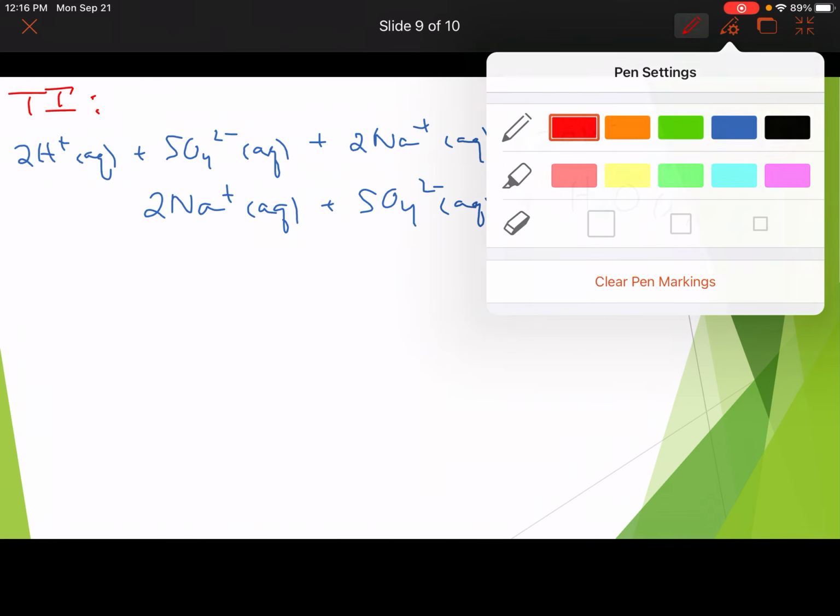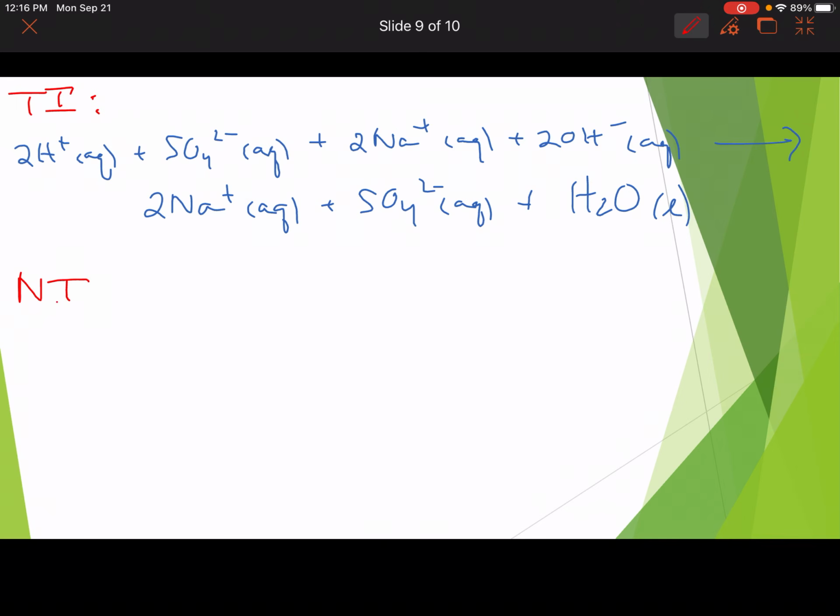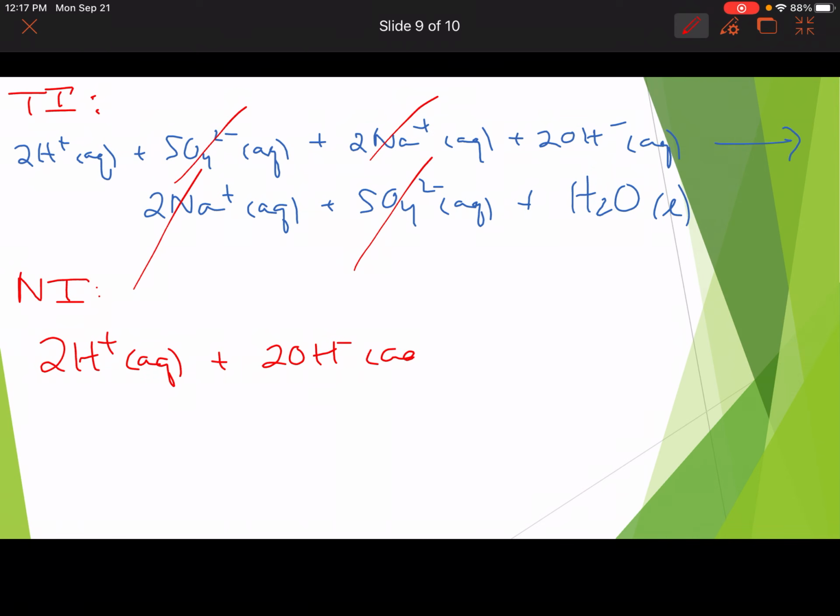My next step then is going to be writing the net ionic equation. For net ionic, I'm going to look at my total ionic, and I'm going to cancel out whatever appears on both sides of the arrows, because those are my spectator ions. They're not going to contribute to the overall net ionic equation. So the sodium and SO4 cancel. And so for my net ionic equation, I have 2H plus aqueous plus 2OH minus aqueous goes to, oops, I forgot a 2 there, sorry, 2H2O liquid.